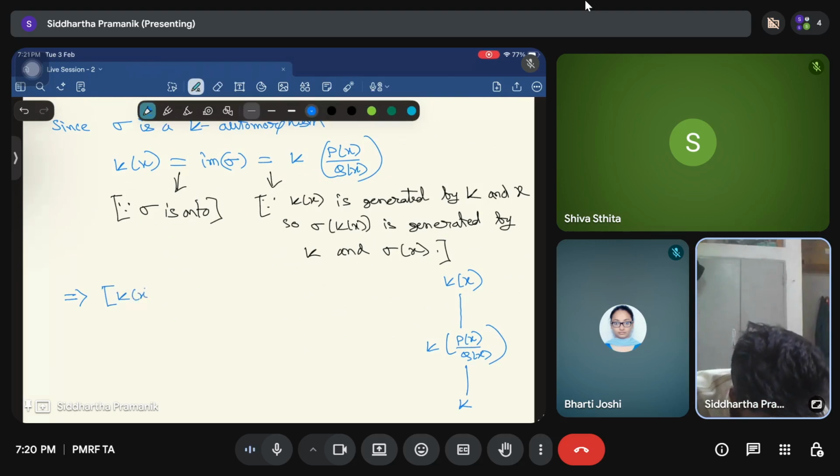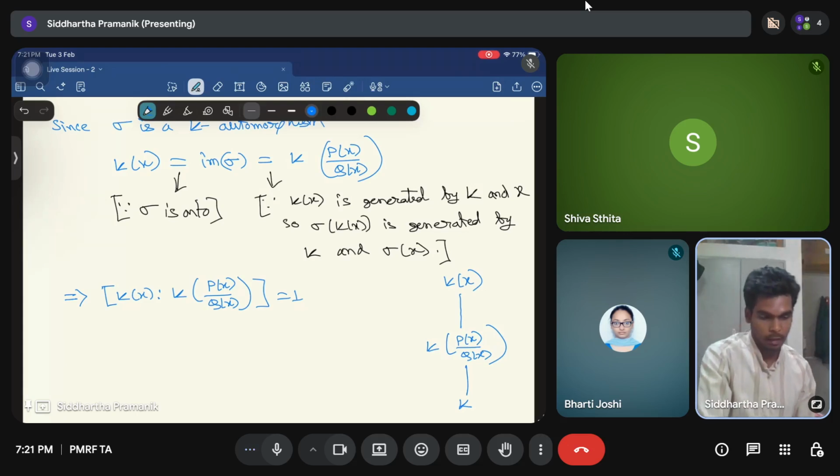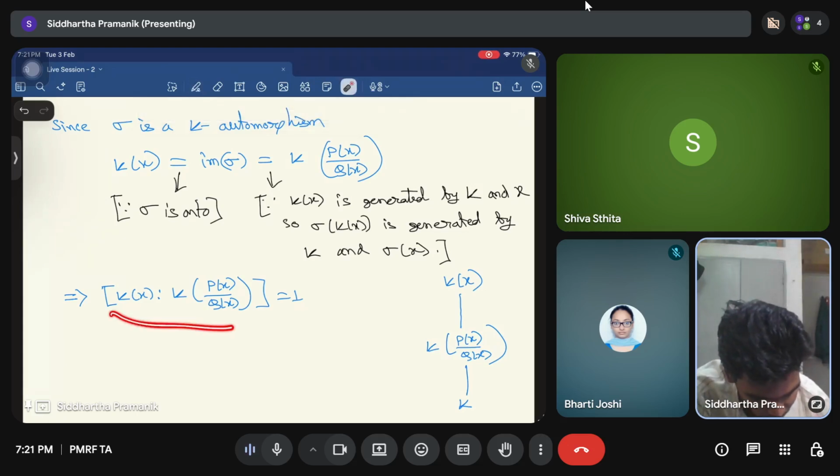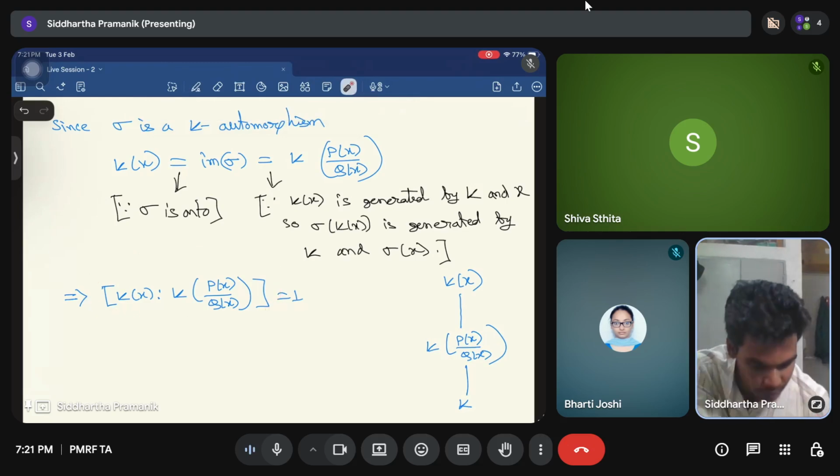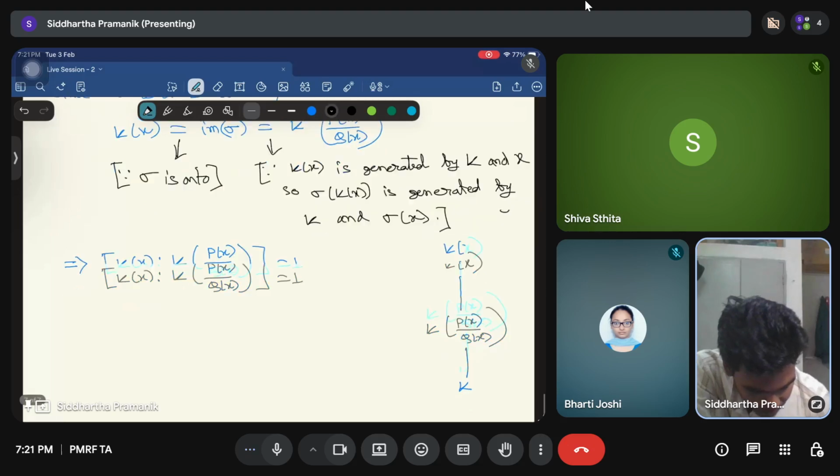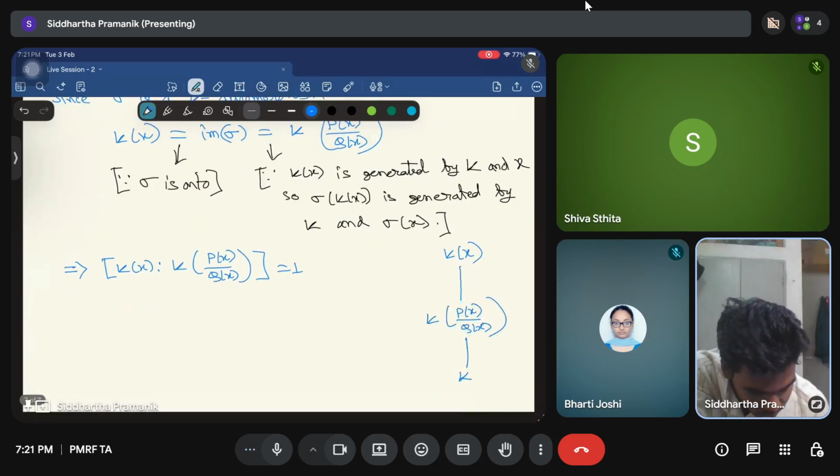So this degree, k(p(x)/q(x)) over k, has to be 1 because they are equal. But there is a particular formula for this. So there is a result, let me mention that. This degree is basically the maximum of degree of p(x) comma degree of q(x).